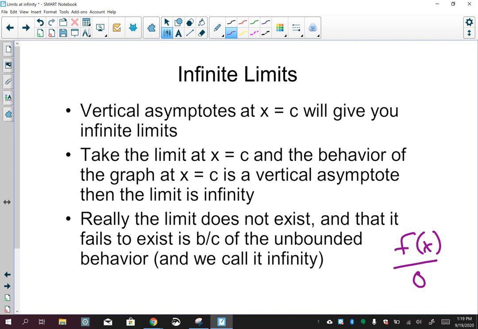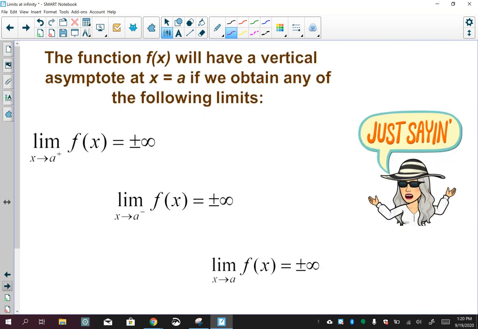And so you wound up with something over 0. That's something you can't have when you're dealing with limits, and if that happens, you wind up with an actual infinite limit. Okay.